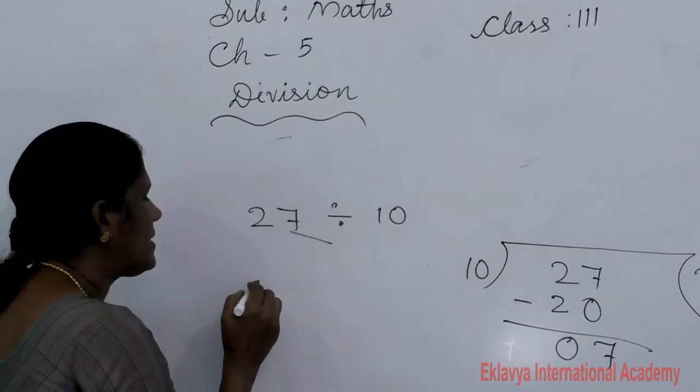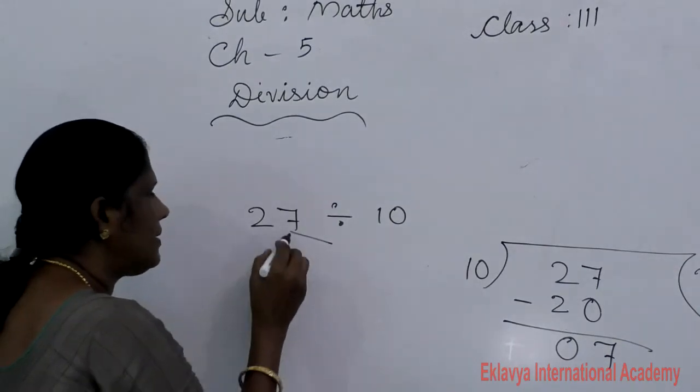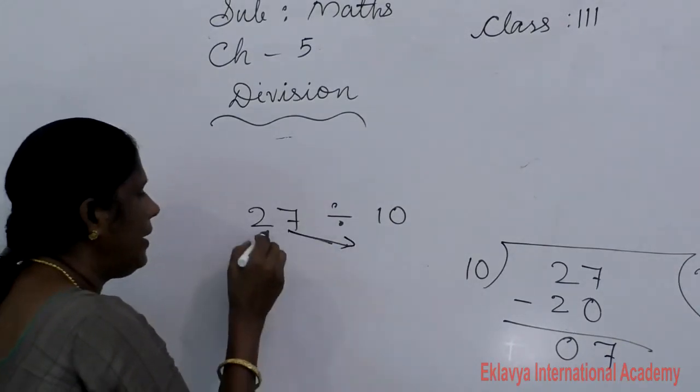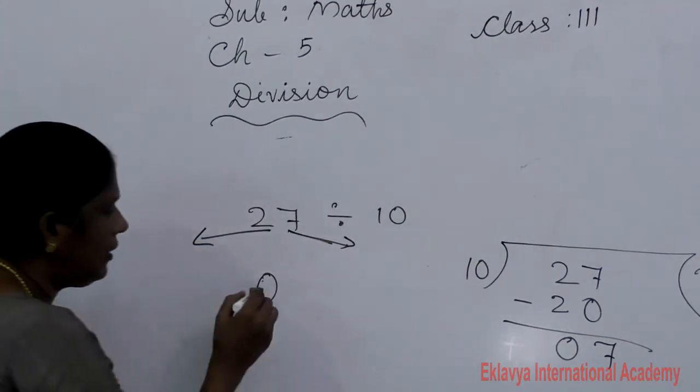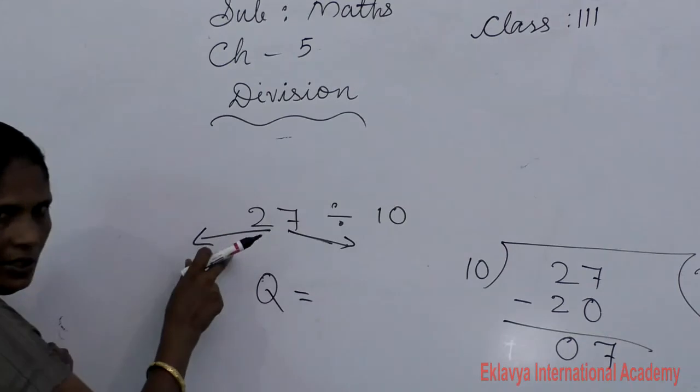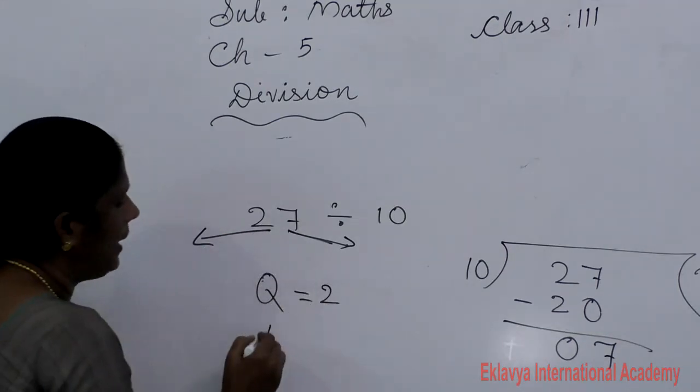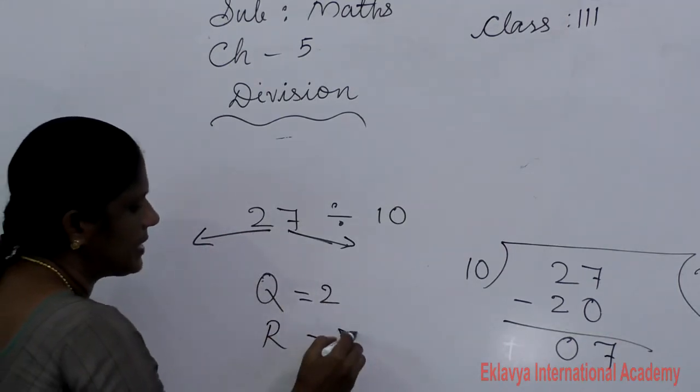What is your answer? This is our remainder, this is our quotient. Quotient is equal to 2, remainder is equal to 7.